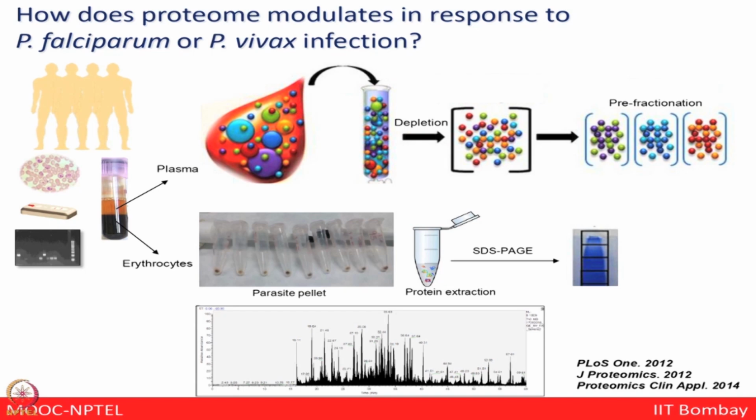The plasma proteome shows the host responses, and the erythrocytes show the parasite proteins, which one could detect directly from the clinical isolates. Both of these strategies are complementary, giving us very vast information about the parasite proteome and the host proteome to find out what is happening in response to malaria in these patients.